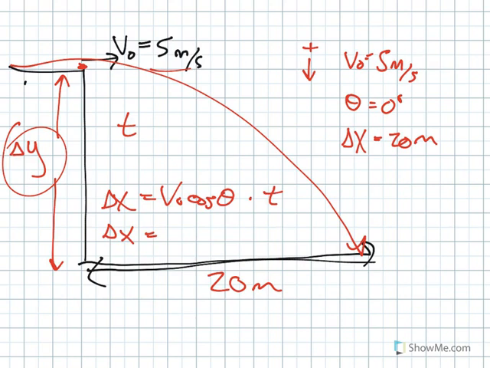Theta is 0 degrees. Cosine of 0 is 1. So that's just v naught times t. And so then t is delta x over v naught.